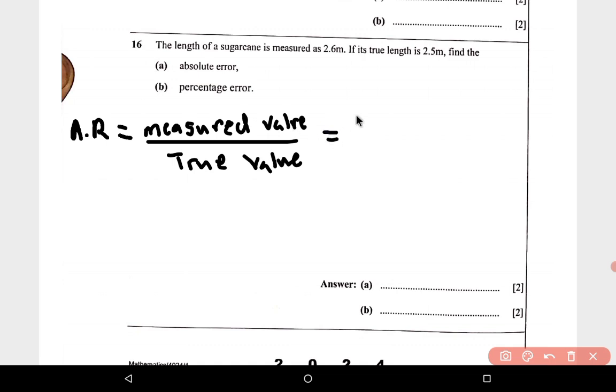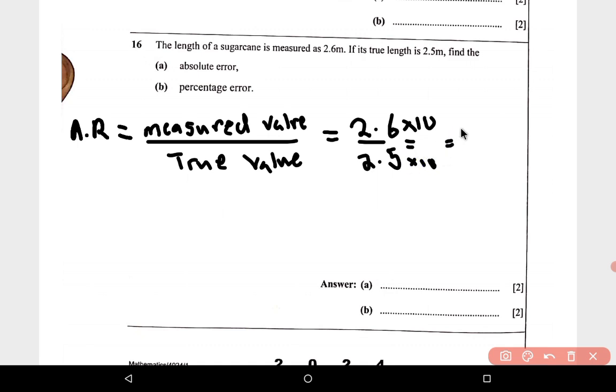So the measured value was 2.6 out of the true length 2.5. Multiply both numerator and denominator by 10 to get rid of the decimal.